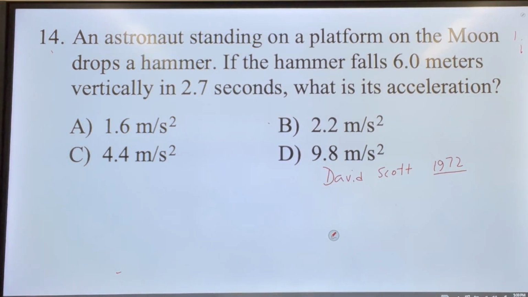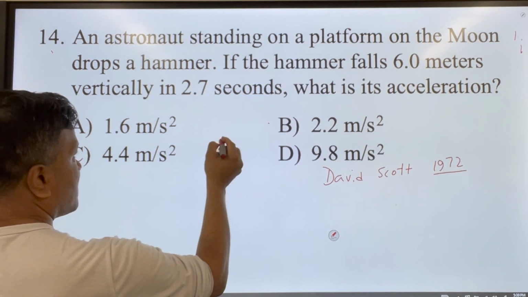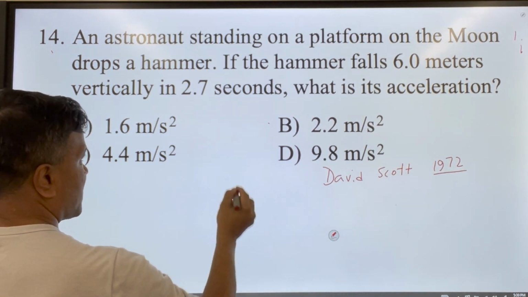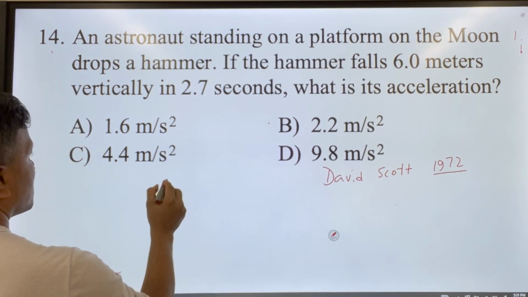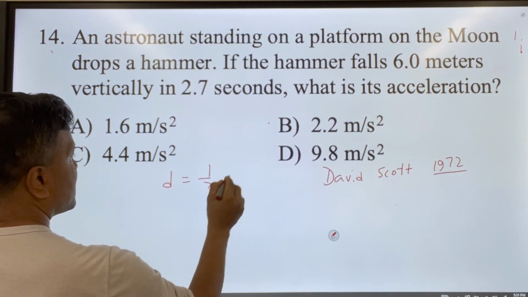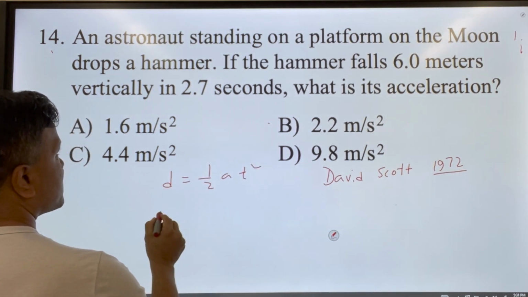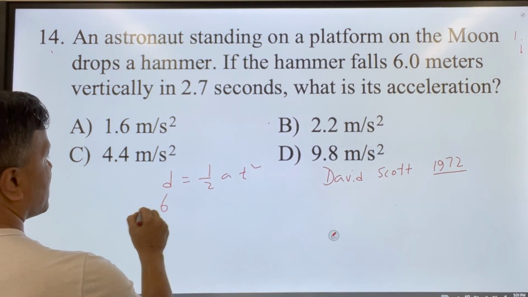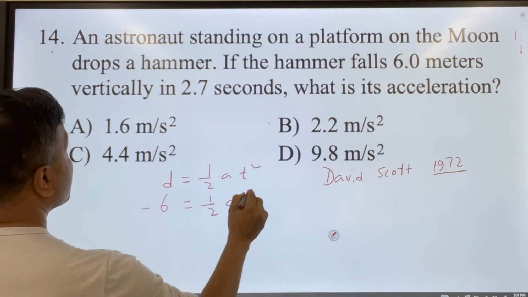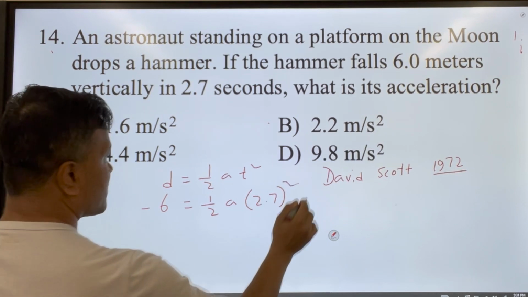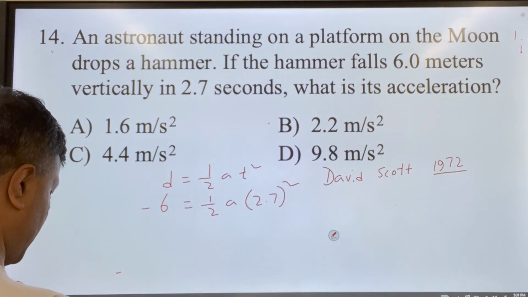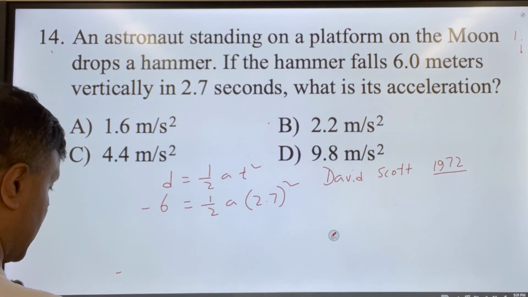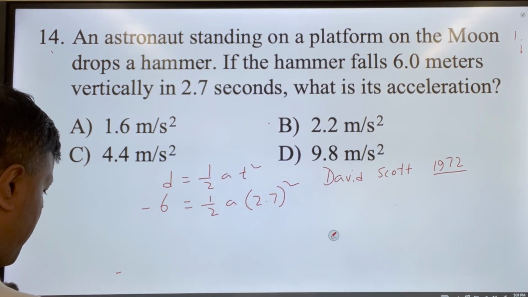Okay, so 6 meter vertically, 2.7 seconds. So he dropped the hammer. This was done on the moon, so I actually know what the answer is, 1.6. But let's find out. d is equal to half a t squared, right? So d is negative 6 meter, half a, and it falls 2.7 seconds, so 2.7 squared times 0.5.